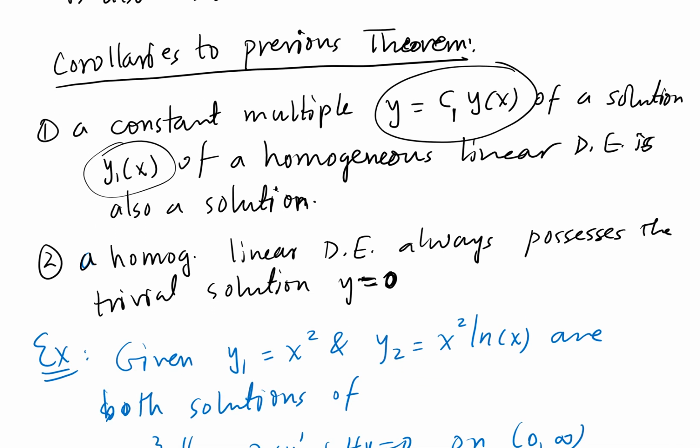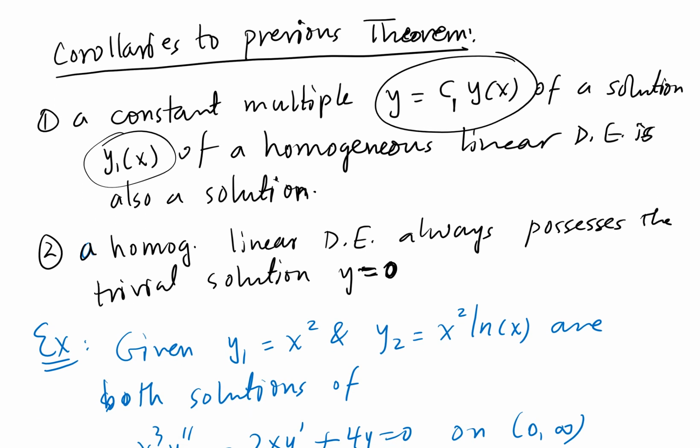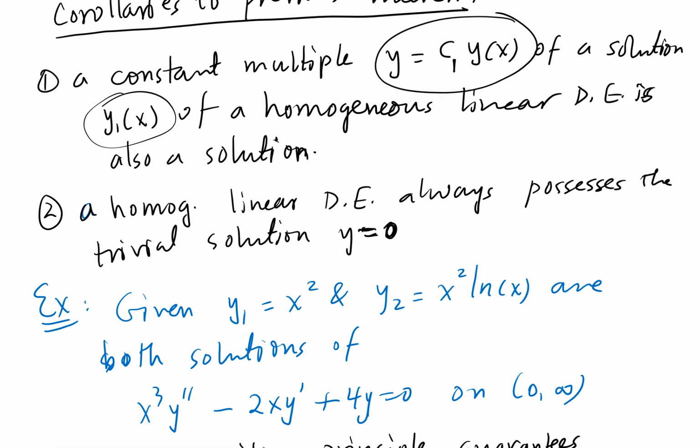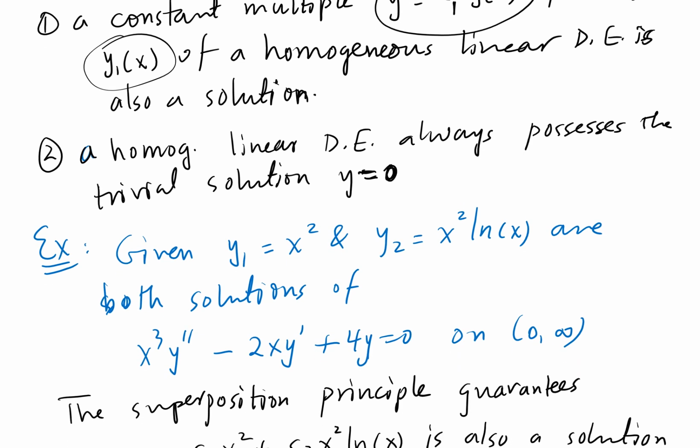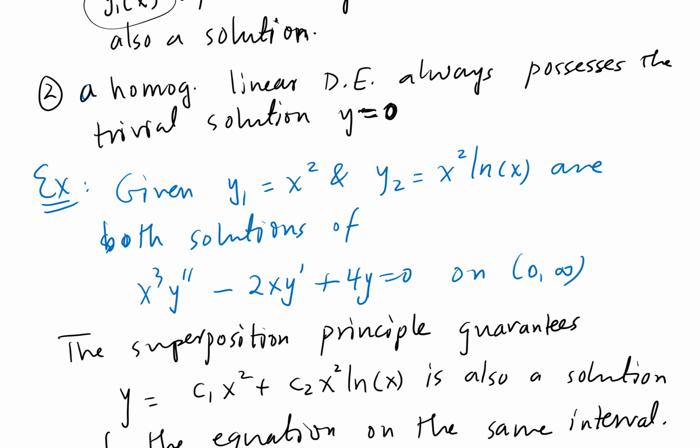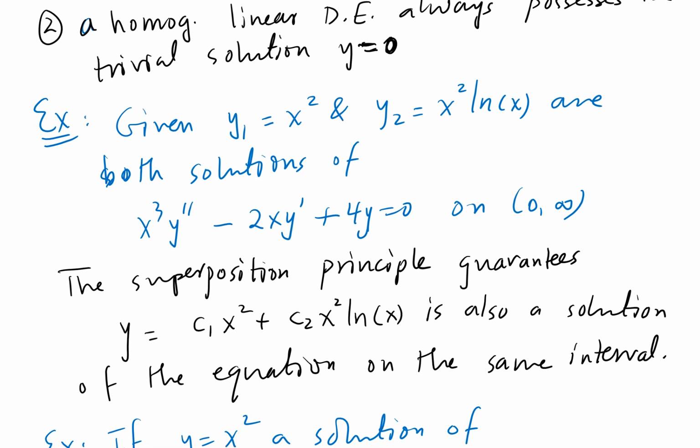To apply the first one, let's say y1 and y2 are both solutions of the differential equation x cubed y double prime minus 2xy prime plus 4y equals 0 on the interval 0 to infinity. Then, based on the superposition principle, c1x squared plus c2x squared ln of x, the linear combination of these two solutions, is also a solution for this differential equation.